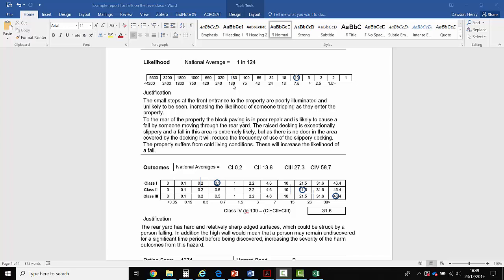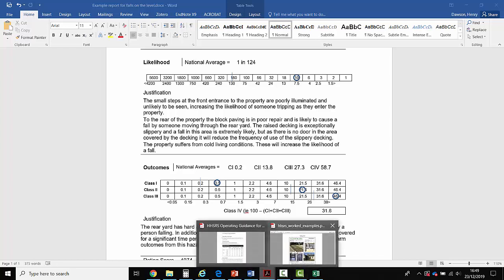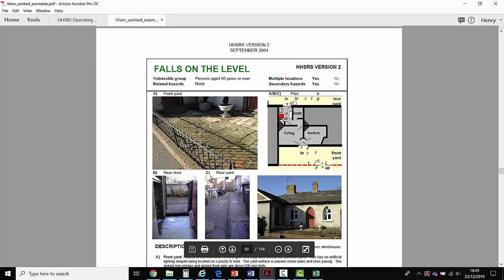So moving to those worked examples, we found that we had a worked example with a likelihood of 1 in 18, which was the one with these kind of church-like windows.